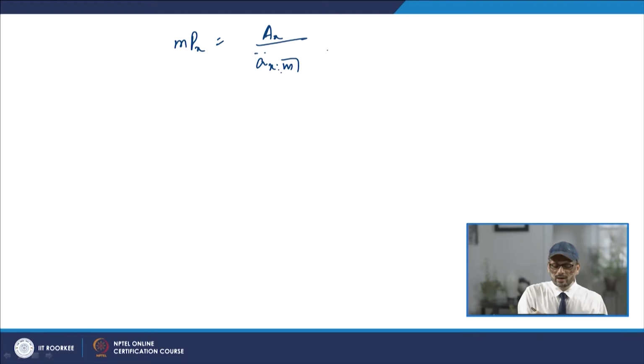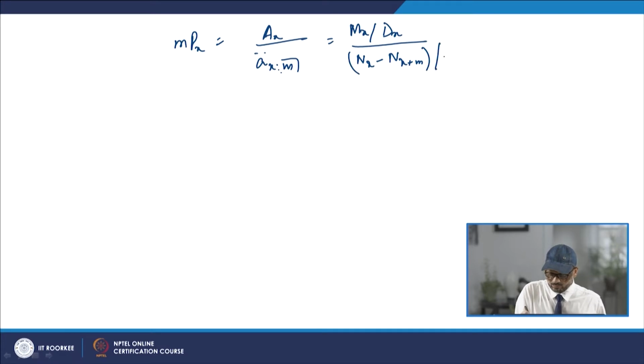So, you can further write AX as Mx by Dx, that is what we have earlier calculated, and A double dot X M, that we had earlier seen in the earlier lecture, is Nx minus Nx plus M, divided by Dx.